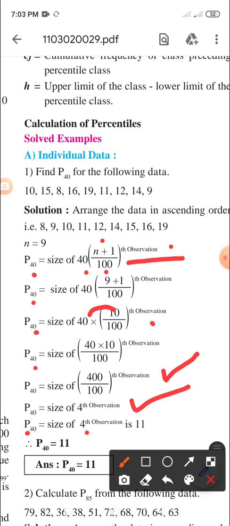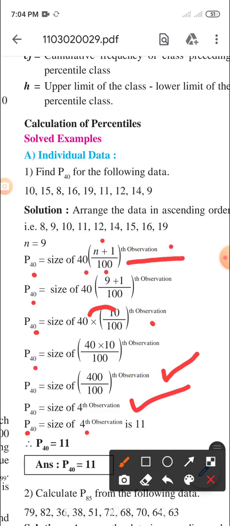So how do we find the 4th observation? We find the 4th observation from the data which we arranged in ascending order.